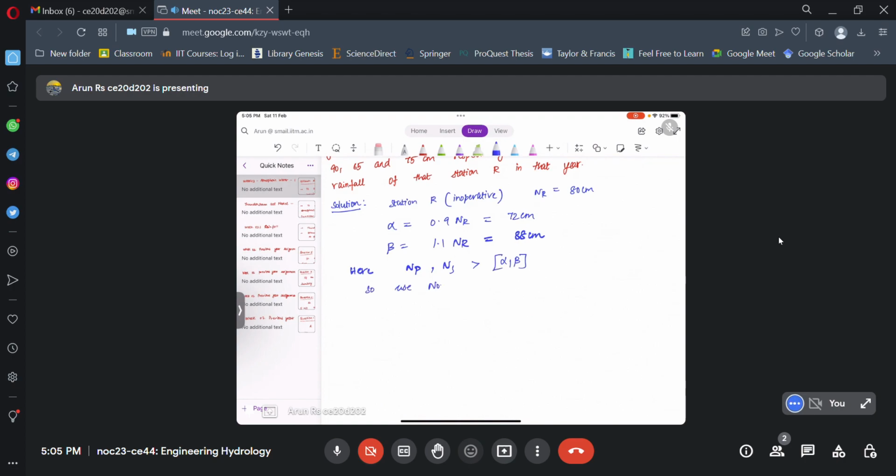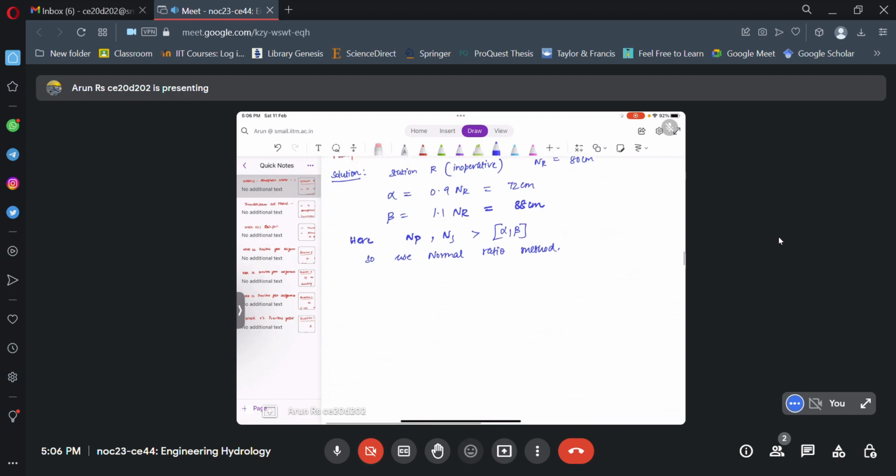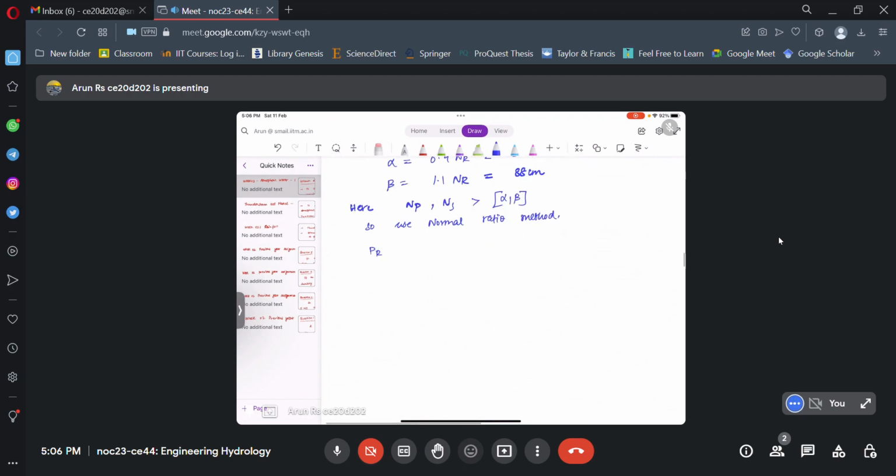So use the normal ratio method. So PR is equal to NR by N minus 1, there are 4 stations, so we use 3: precipitation at P divided by normal rainfall at P, PQ divided by NQ, PS divided by NS.